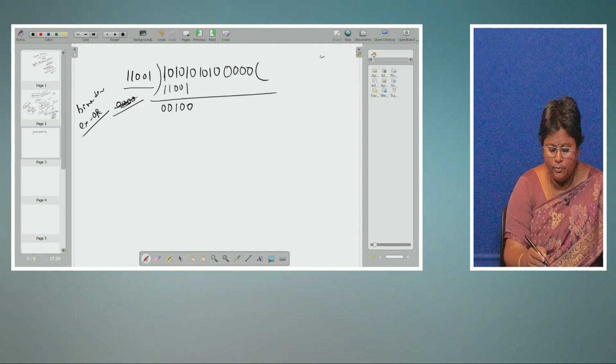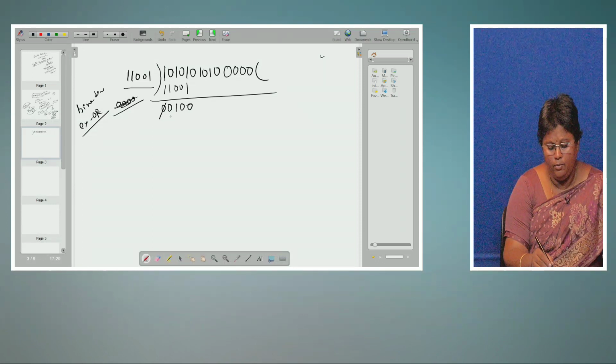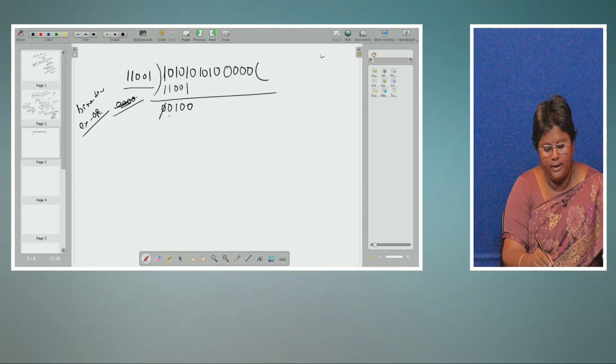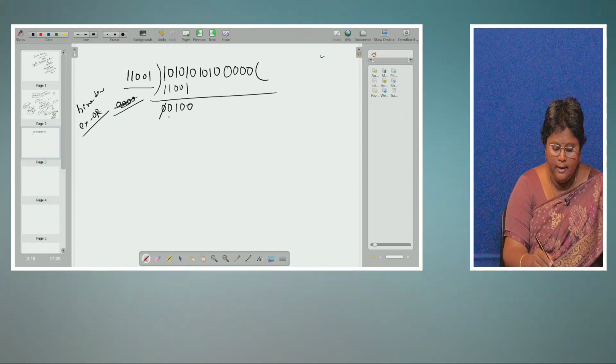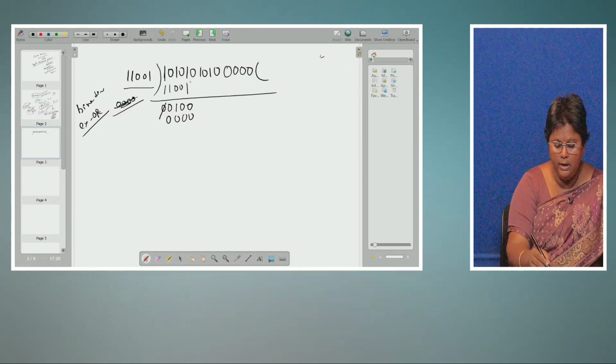Now what shall I do? First, I cut off the first bit. Now look at the second bit, which is 0. If it is 0, I have to do the XOR operation with all zeros. You have only 4 bits, so we bring down 1 bit.